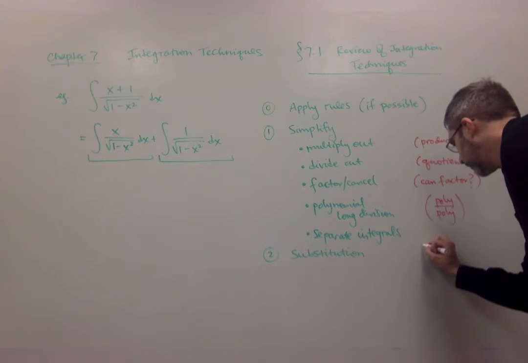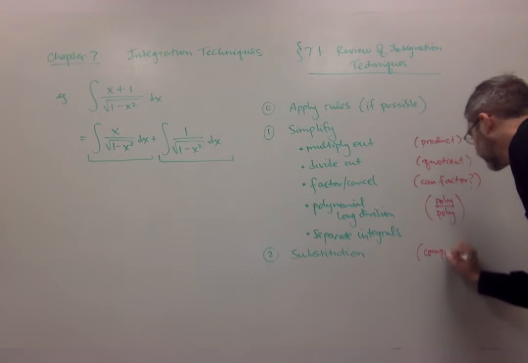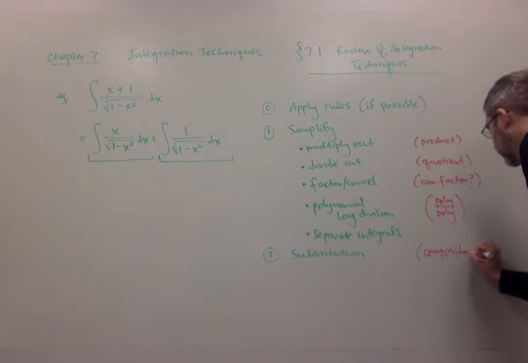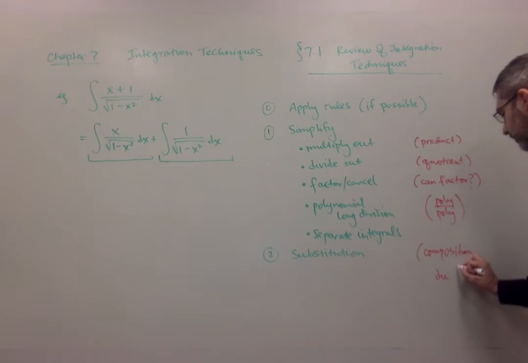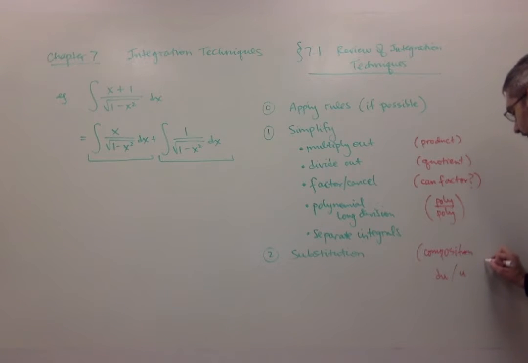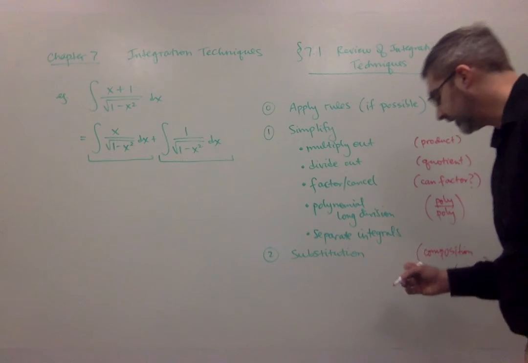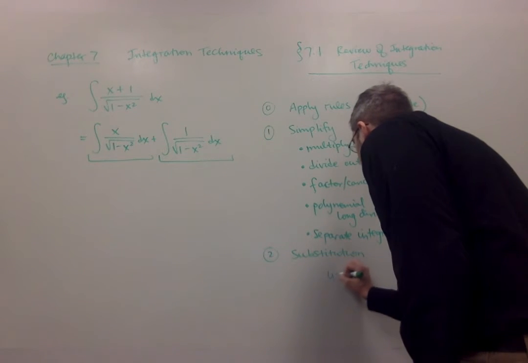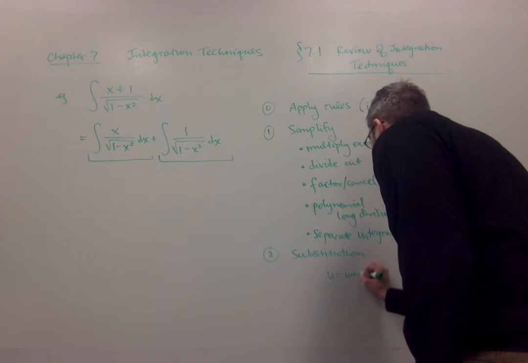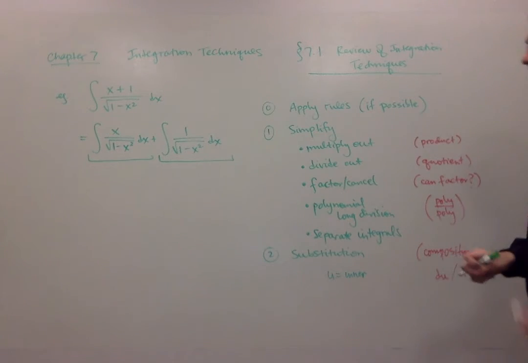So we're looking for composition, or we're looking for the du, something to be the derivative of something else in the integral. And so when this happens, you usually let u equal that inner function.